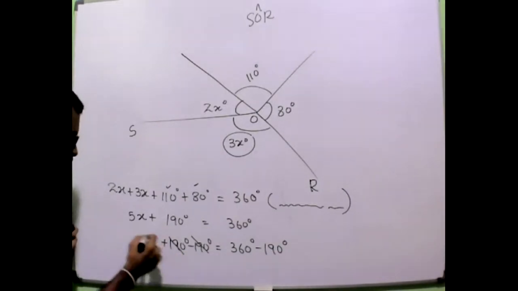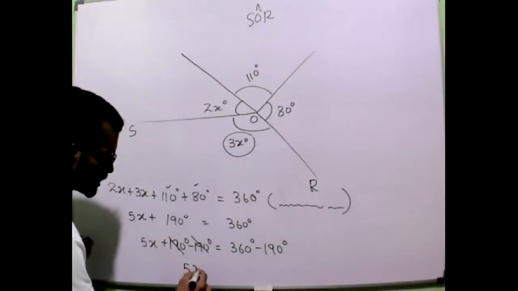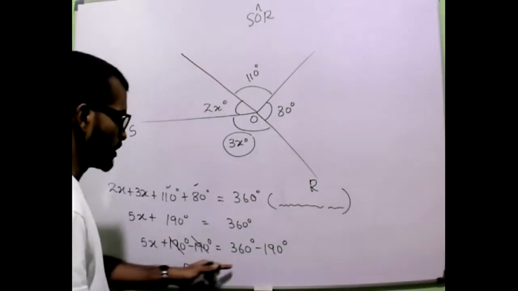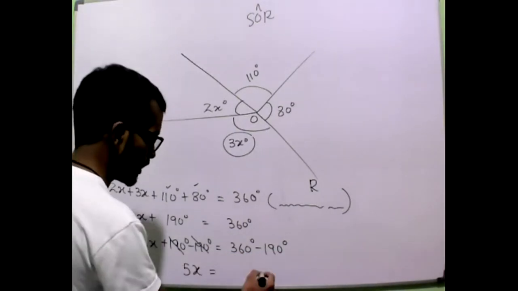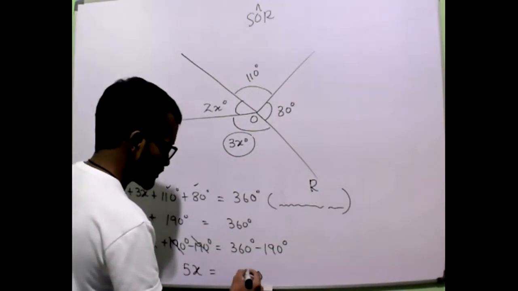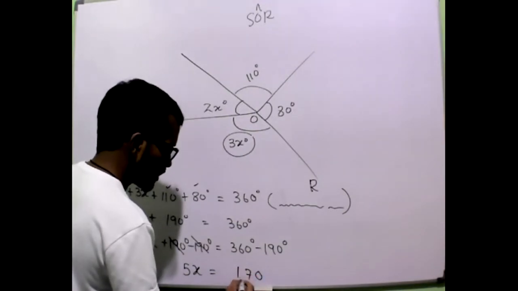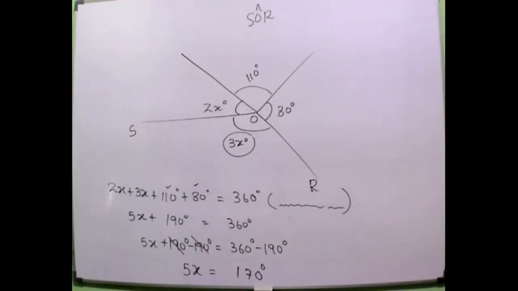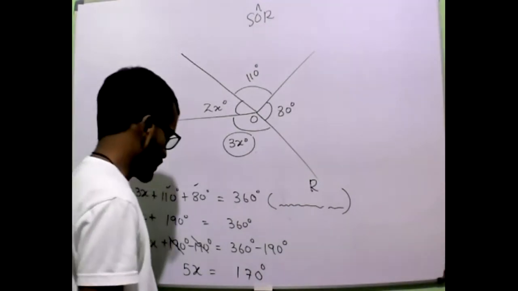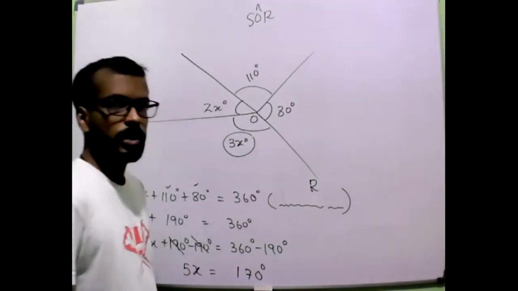So I have now 5x on my left hand side equals, if you do the subtraction, 360 minus 190, so it is 170 or something, right? Yes. Okay, so 5x equals 170.